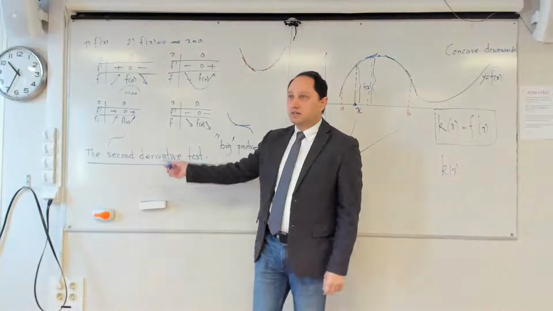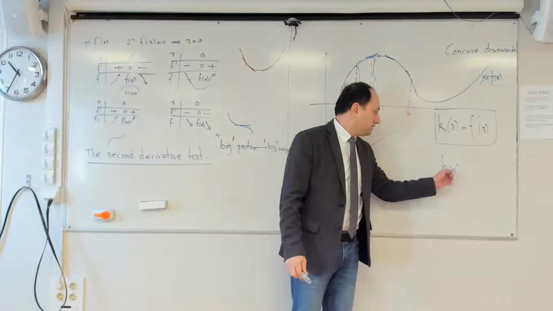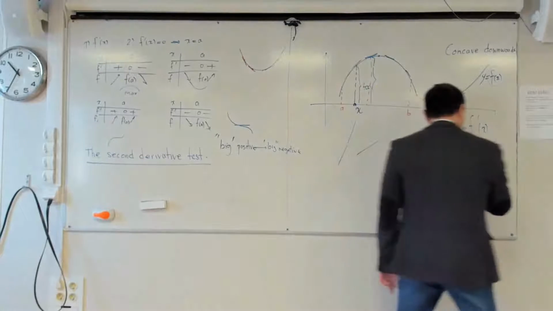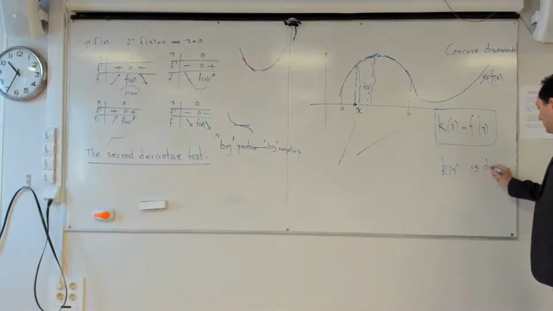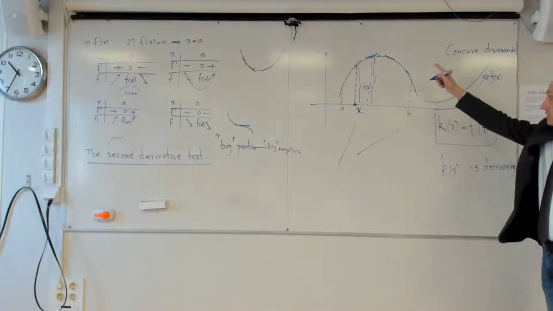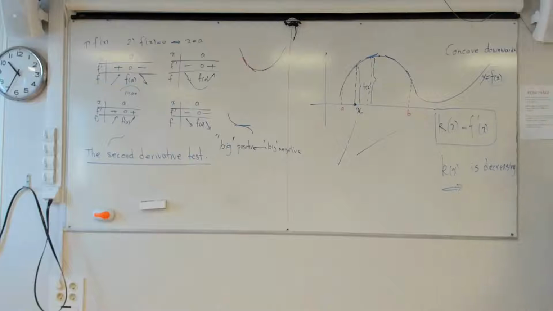So k of x is decreasing, yes? But we just learned, if a function is decreasing, how is the derivative of this function? k of x is decreasing by this analysis. So can I say something about the derivative of k? It's negative. I agree. The derivative of k is negative.